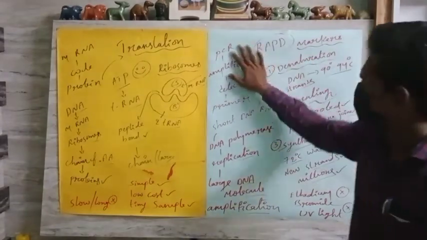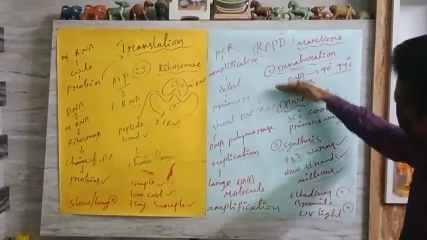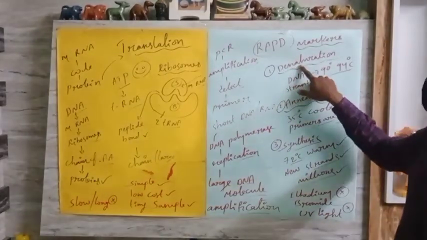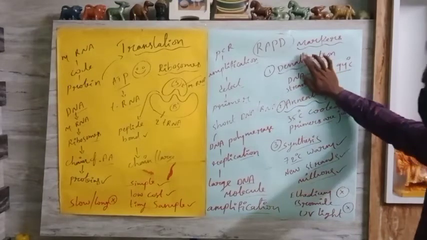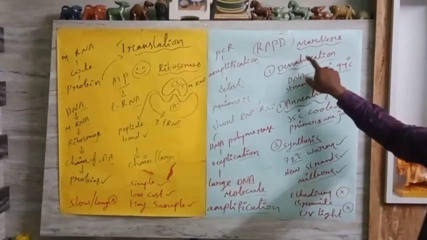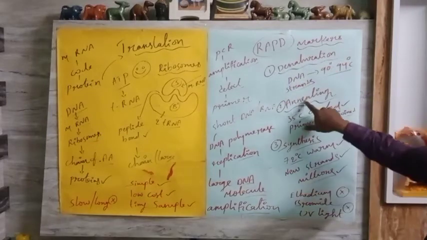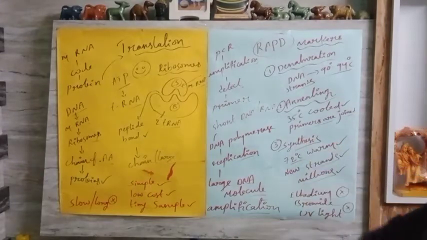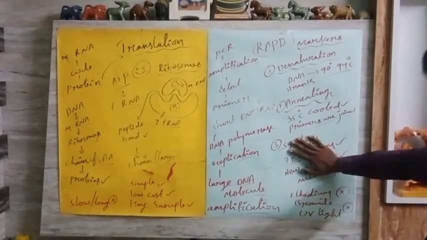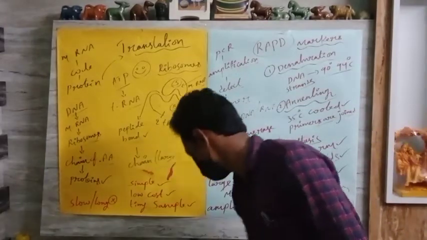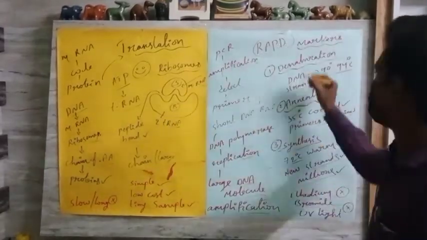This entire technique is categorized under three main steps. Number one, denaturation. Second one is annealing. Third one is synthesis. Then after this third step, finally, we will get the result, dear Botanicas learners.